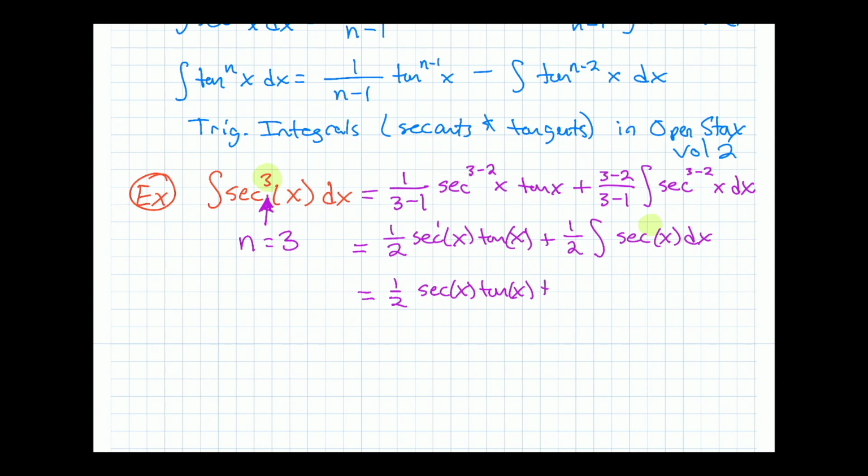And hopefully the lower power is one you know how to integrate, which it is, because before today you should have known that the antiderivative of secant x was natural log absolute value secant x plus tangent x, and then just add a plus c.